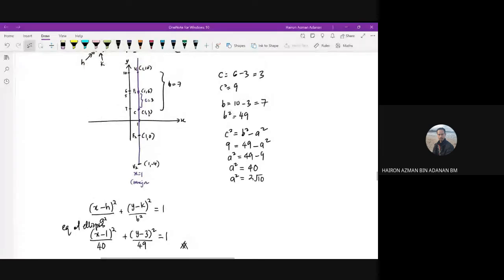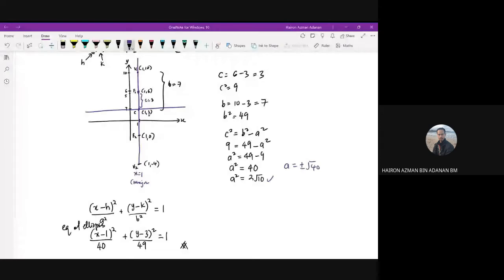Where is your minor axis? (1, 3), okay, this is your minor axis. Just plus or minus A. The value of A is 2 square root 10, or A equal to plus minus square root 40. If you calculate, you should know where the value is. You are just marking it, it is not very important.